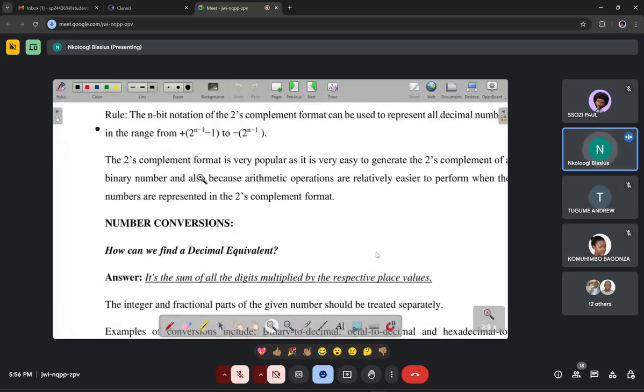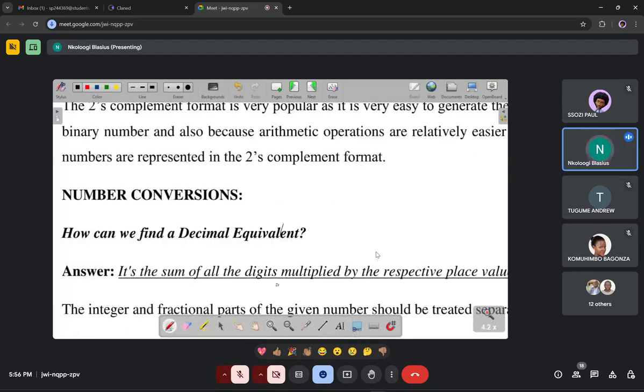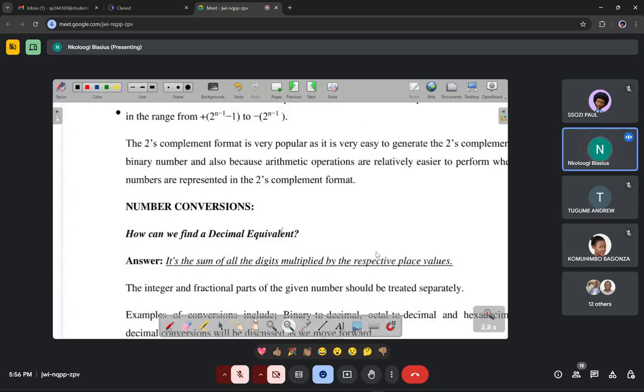The little change in the formula is now this. Let me just decrease this a little bit.